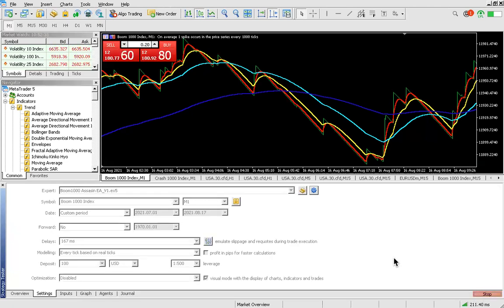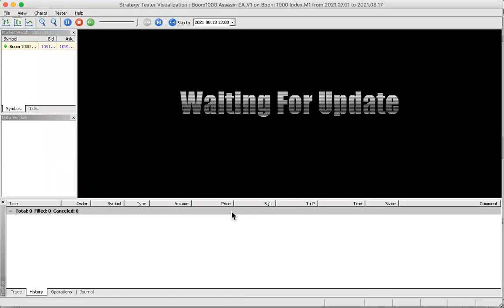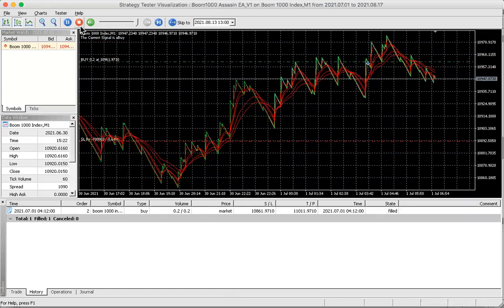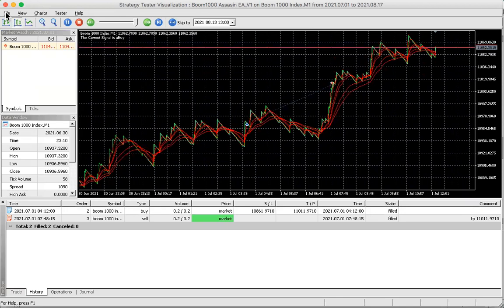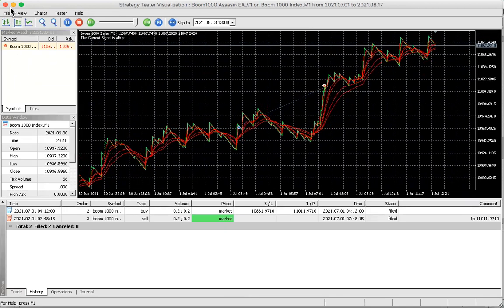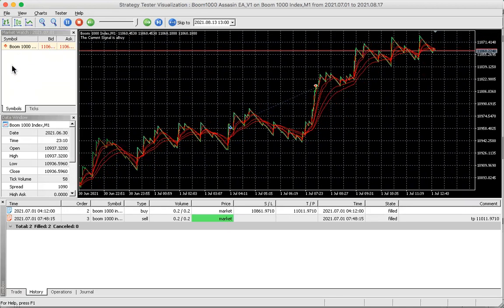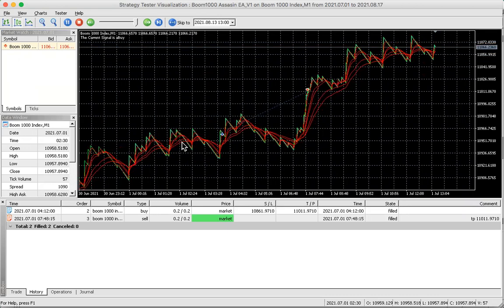As you see, we will actually get a pop-up of the strategy tester with the visual mode. Right, there we go. And look at what happens. I want you to see the EA in motion.